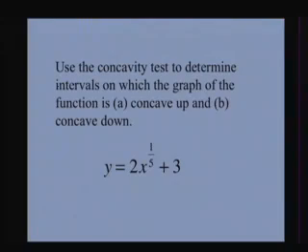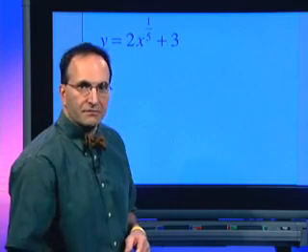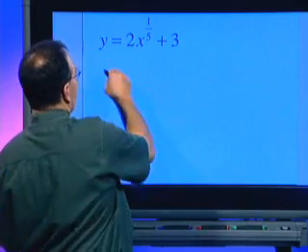Use the concavity test to determine intervals on which the graph of the function is concave up and concave down. The function we're going to look at is y equals 2 times x to the 1/5 power plus 3. So let's find the first derivative and then the second derivative.